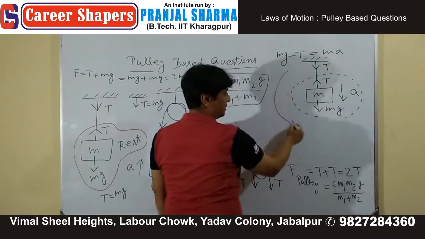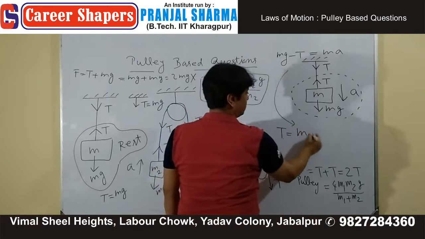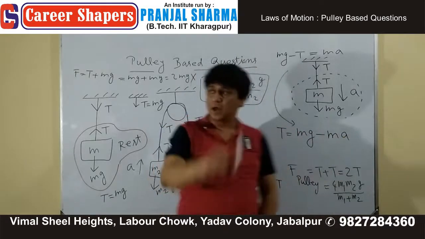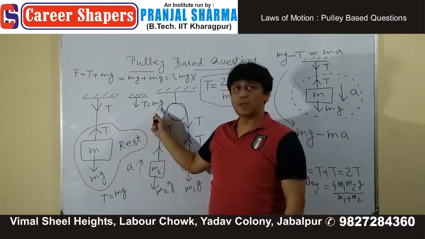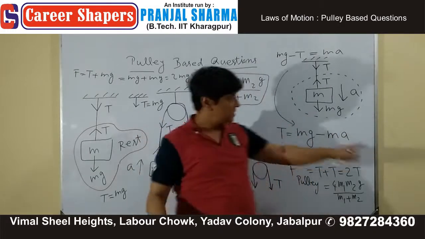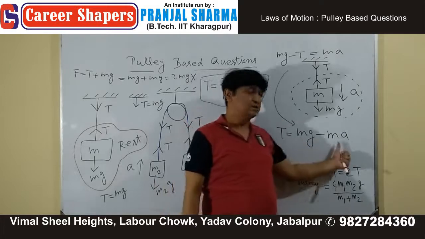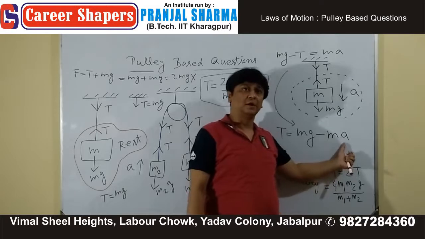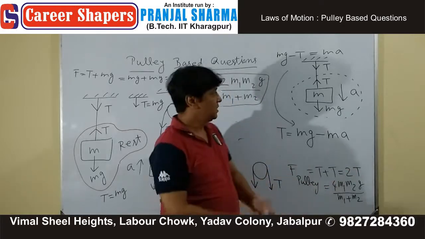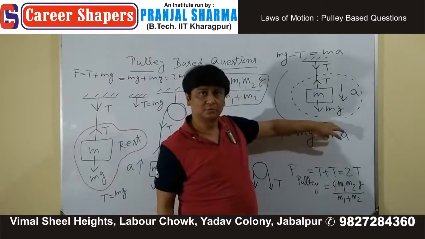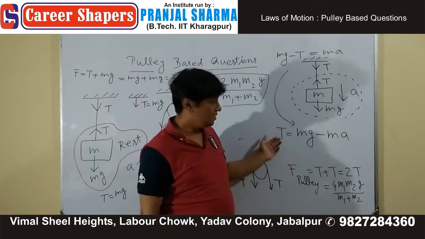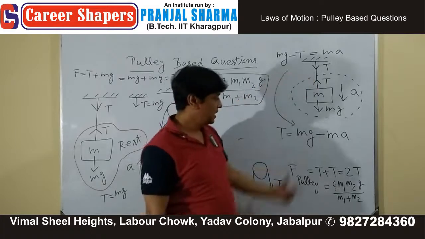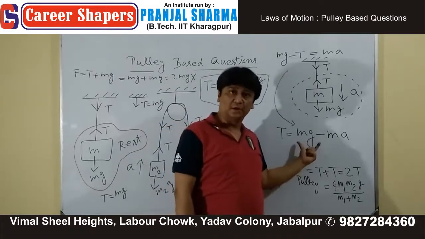T is coming mg minus ma. यहां कितना आ रहा था T? mg. यहां कितना आ रहा है T? mg से कम, mg minus ma. So if things are slipping down, then this force for a single rope setup like this is not mg.